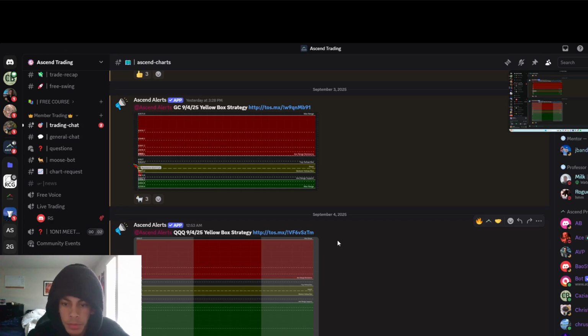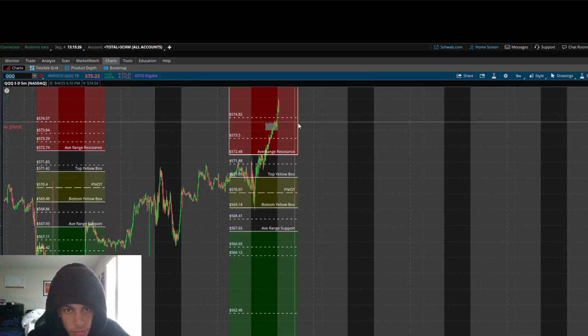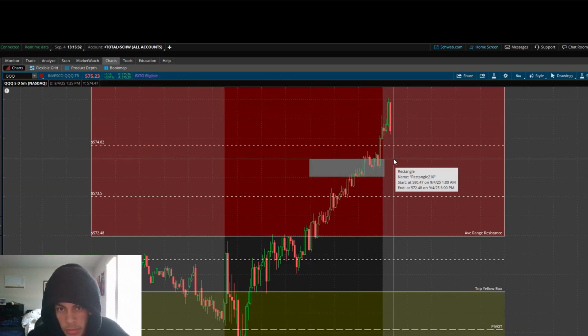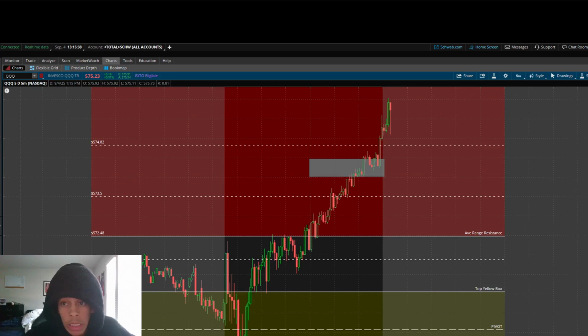But on average, like with this QQQ gray box today, I'd say it's around 70%. We lost this one, but the last two QQQ plays we took were both 100% and 220%. So it's around 70% from what I've tested over the last 2 years.